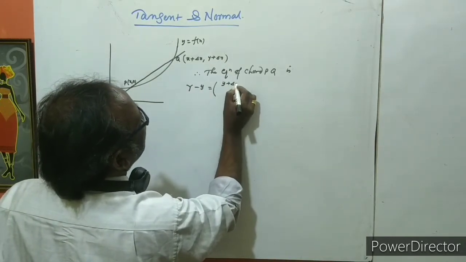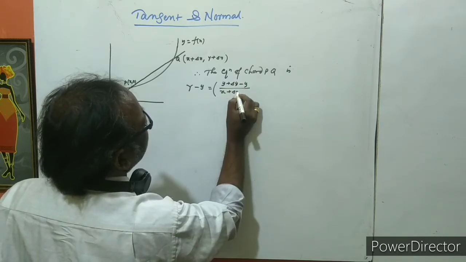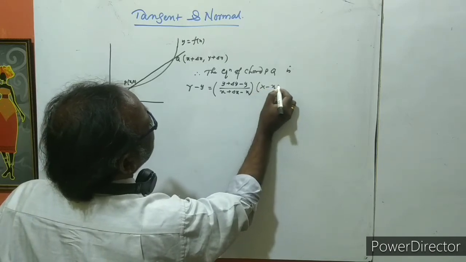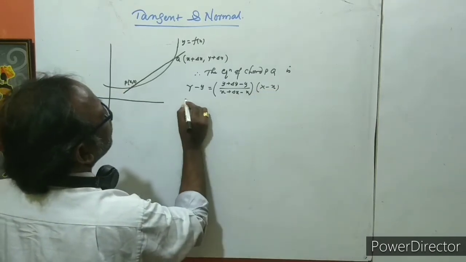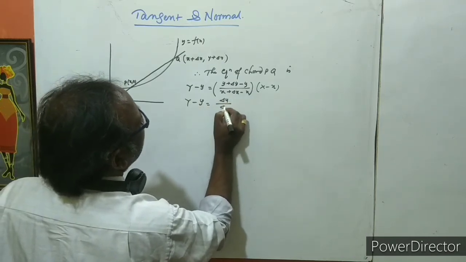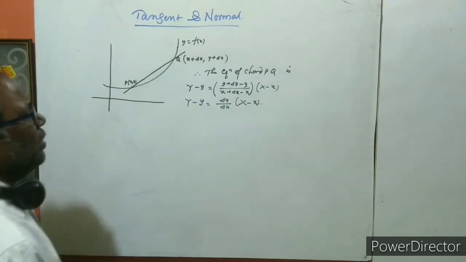So (y plus del y minus y) by (x plus del x minus x), which is del y by del x. So this is the equation of the chord, Y minus y equals del y by del x times (X minus x).